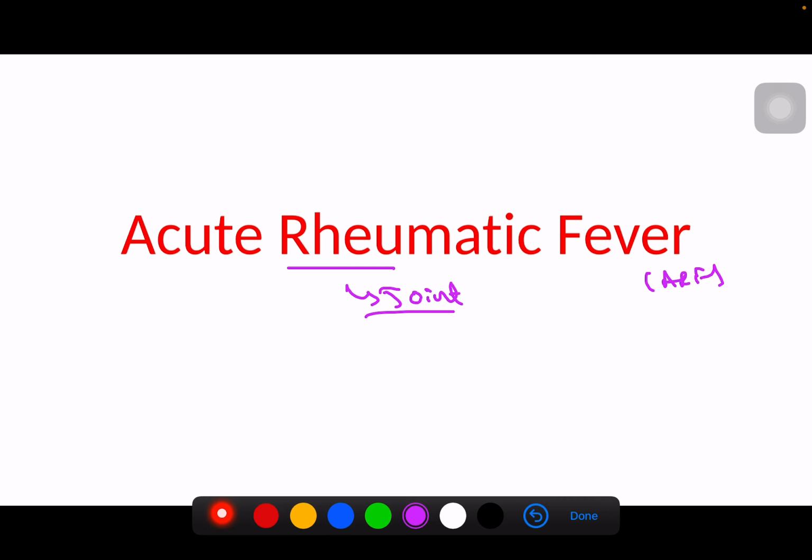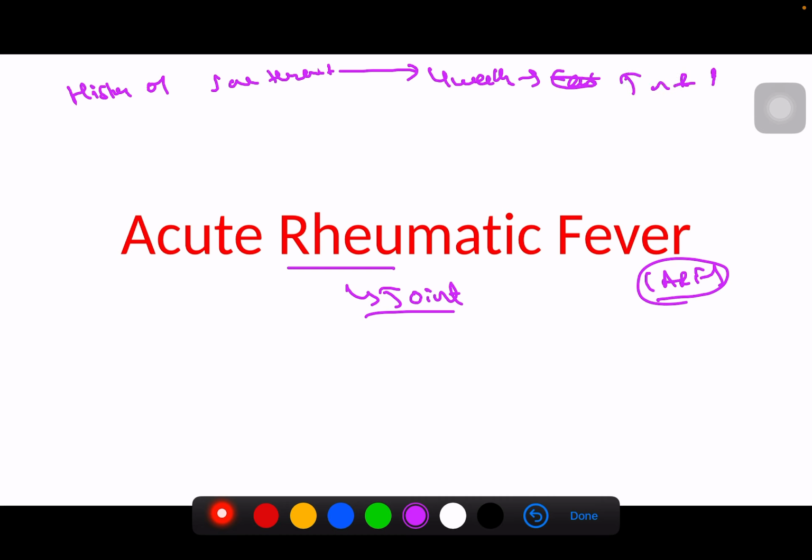Acute rheumatic fever. What's the presentation? So basically, there's a history of sore throat, and after a history of sore throat, after about 4 weeks' time, there is cardiac, not majorly cardiac manifestation.